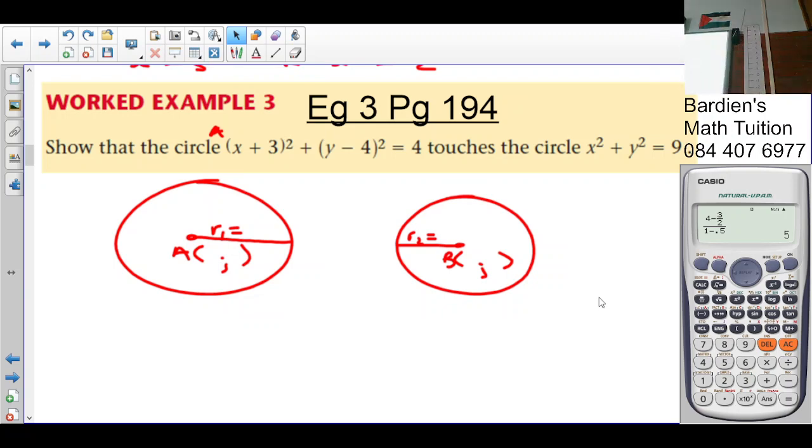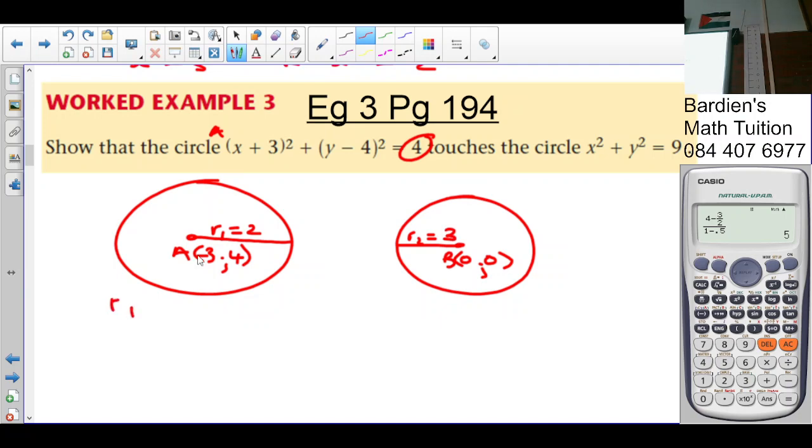So what is the center of circle A? Negative 3 and 4. What's the center of circle B? 0 and 0. Okay. The radius 1? 2. Radius 2? 3.